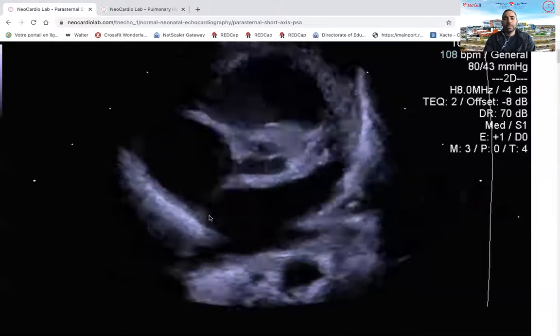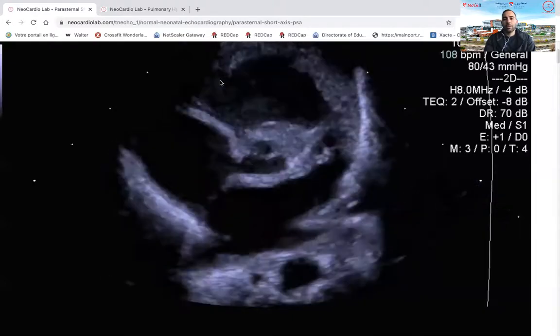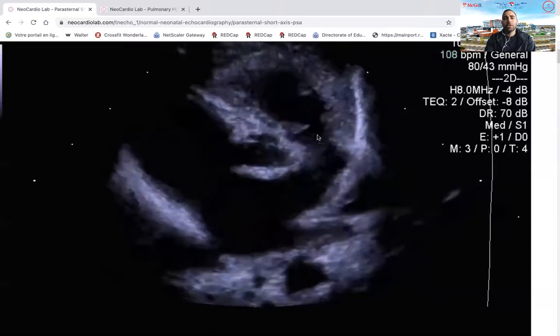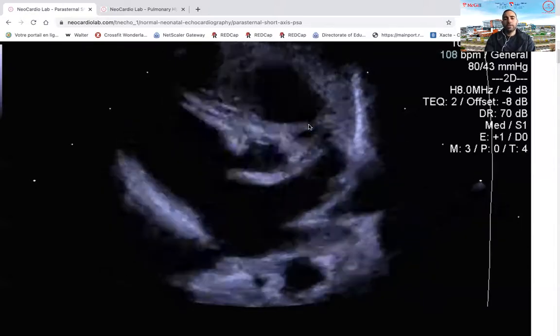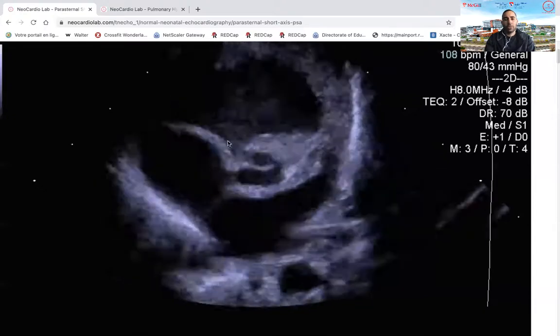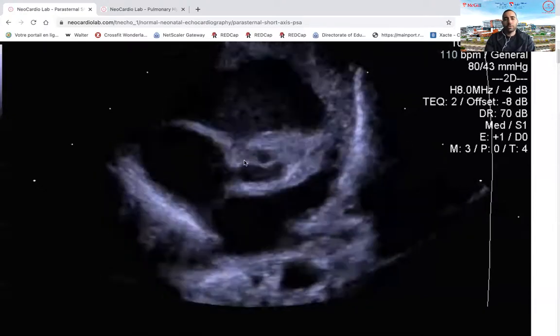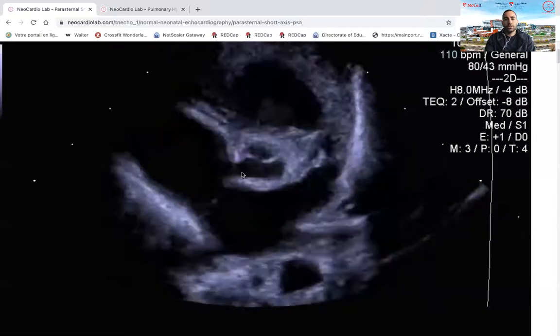It's a bit like the right ventricle is wrapping around your left ventricle, with the outflow tract coming very anteriorly and to the left side of your aortic valve, which in the normal configuration is placed centrally.